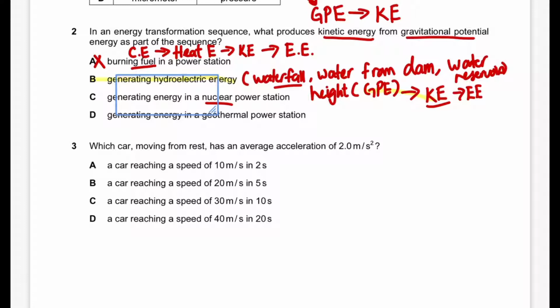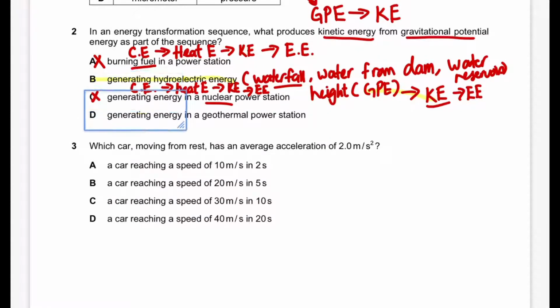So it is the same also, chemical energy converted to heat energy, which will then be converted to kinetic energy and later on electrical energy. So C is out.